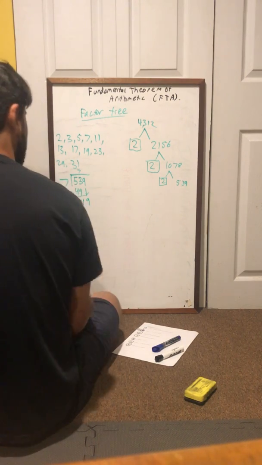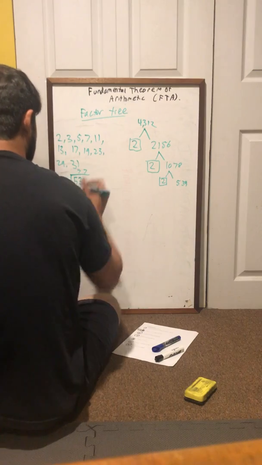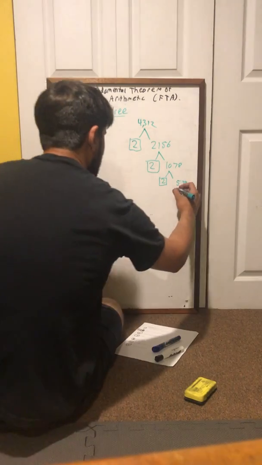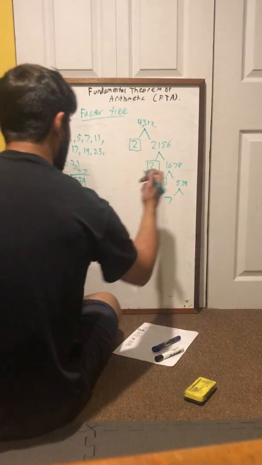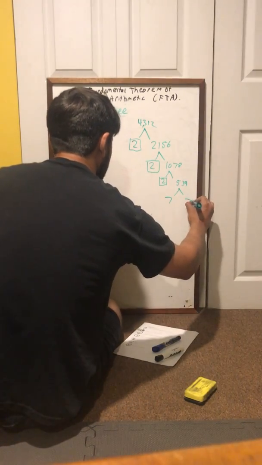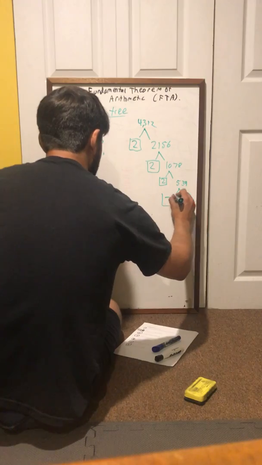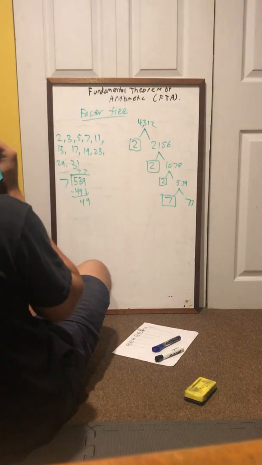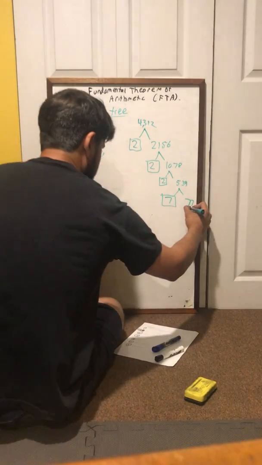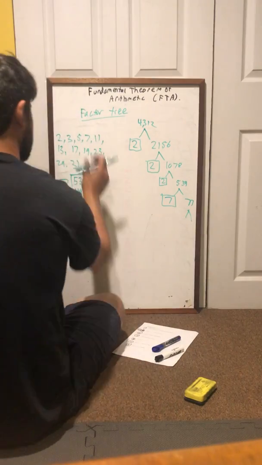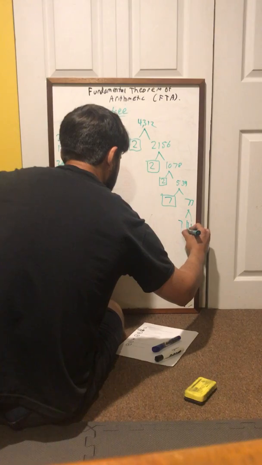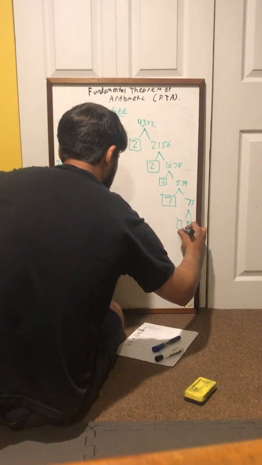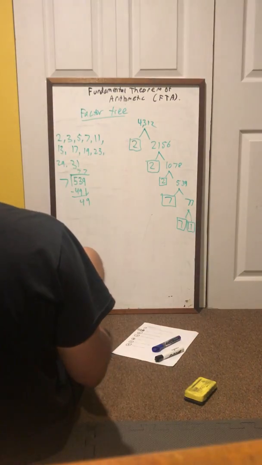Bring down the 9. Again, 7 there. Excellent. So we'll get 77, with 7 being the prime. Now this one's very simple: 7 times 11 will give us 77, exactly what we're looking for.